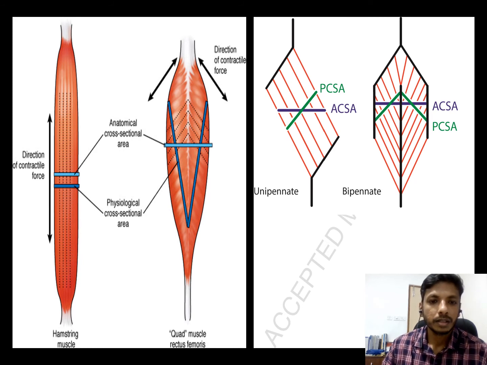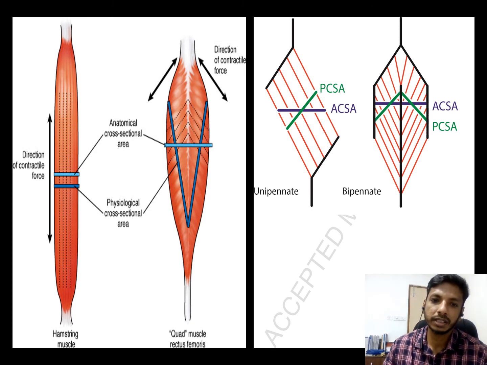How? Take the cross-sectional area, which is the anatomical cross-sectional area. If the fibers are arranged longitudinally, the anatomical and the physiological cross-sectional areas are similar. But if there is an angle of pennation of these muscle fascicles and fibers with respect to the internal tendon, the anatomical area is different from the physiological cross-sectional area.